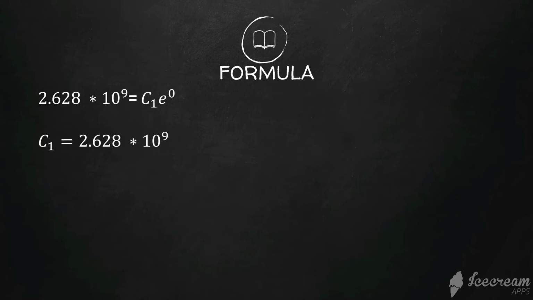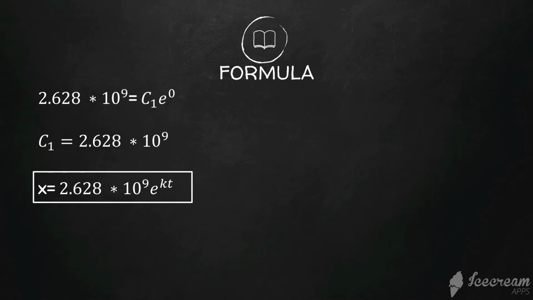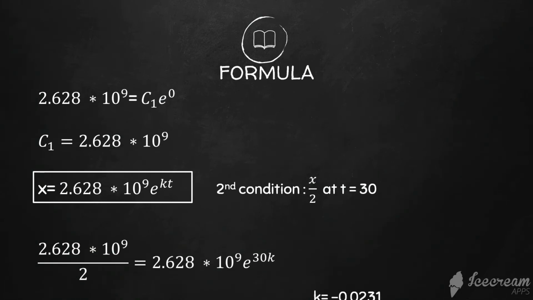We input it back into the original formula, giving us x equals 2.628 times 10 raised to 9 e raised to kt. Now we only have 2 unknowns. But remember that we have another condition, which is x over 2 at t equals 30. Doing this, we can find k, which gives us a value of k equals negative 0.0231.